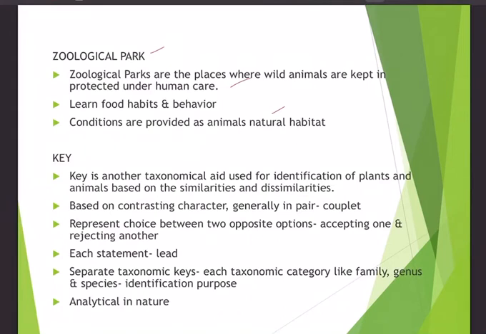Basically, the statements in questions are like: Statement 1, zoological parks are the places where wild animals are kept in protected environments under human care, and that enables us to learn about their food habits and behavior.